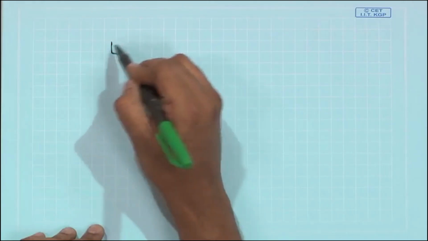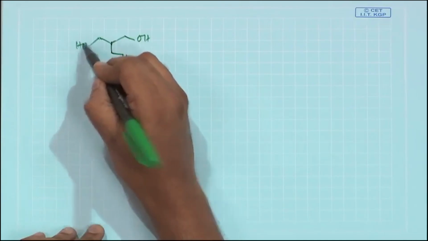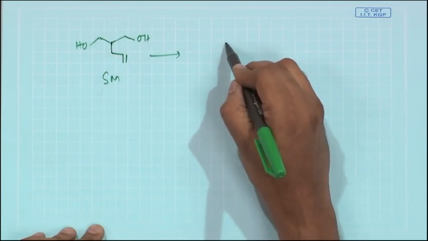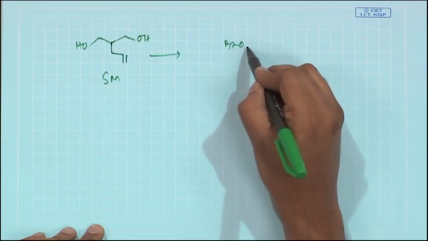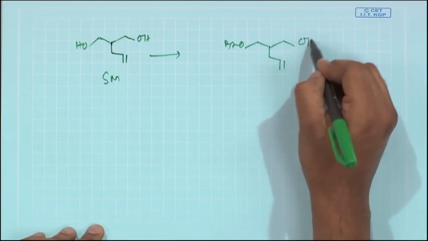So, now we will be coming back to the initial problem which was given to you. You have this CH2OH, symmetric starting material. The product which I am requiring is this one.